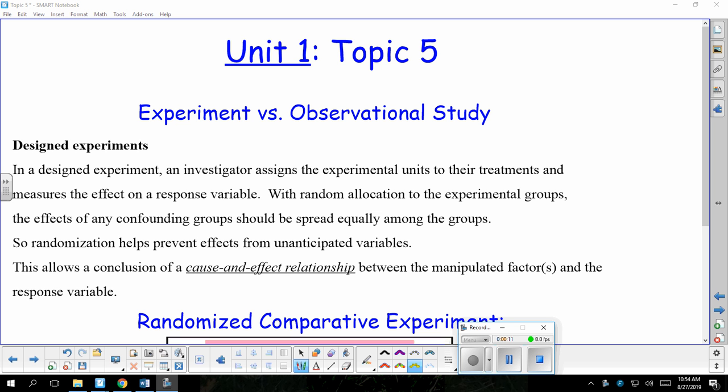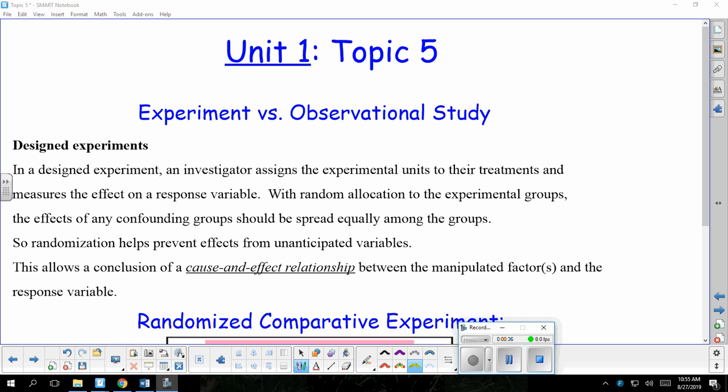So, design experiments. Topic 5 is on experiments, where Topic 4 was on designing observational studies. In designed experiments, an investigator assigns the experimental units to their treatments and measures the effect on a response variable. With random allocation to the experimental groups, the effect of any confounding variables should be spread equally among the groups.